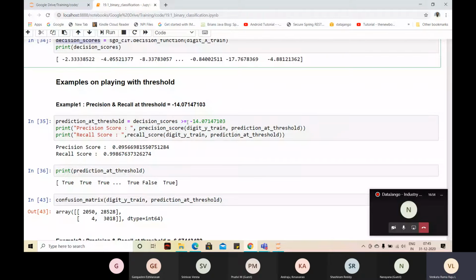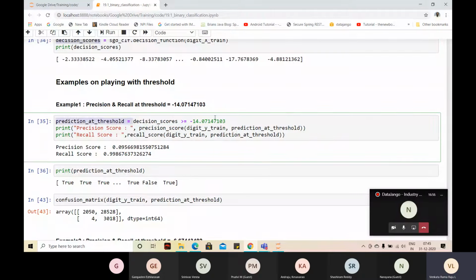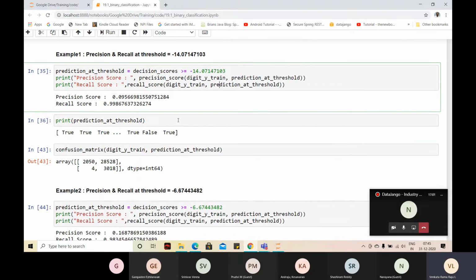Then when you take a threshold, you will get a true or false for every record. True means 1 and false means 0. Even the algorithm does the same thing, but the threshold for the algorithm is 0.5, exactly at the mid.